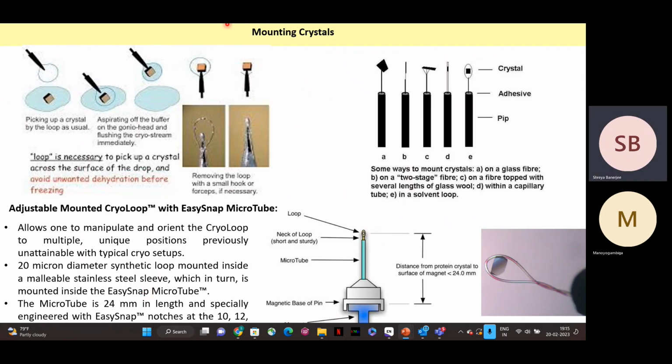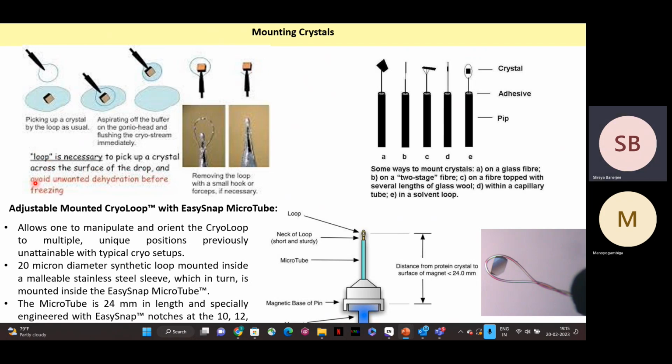Now that you have learned how to optimize crystallization conditions and get the best crystals, you need to learn about mounting crystals. So basically a loop is used to pick up the crystal from the buffer solution, and after you have the crystal picked up in the loop, it is removed by a small hook or forceps. This is called mounting crystals.